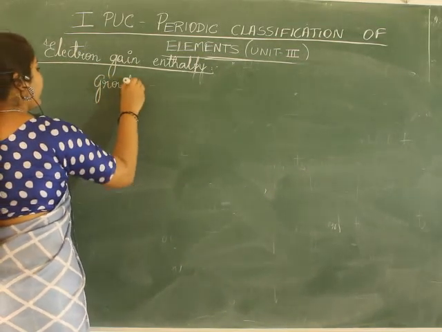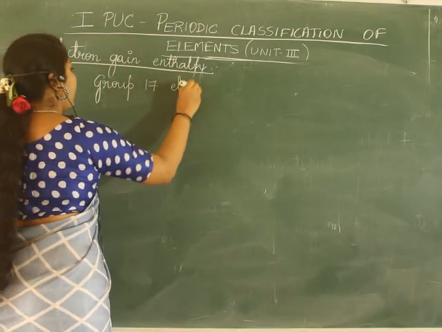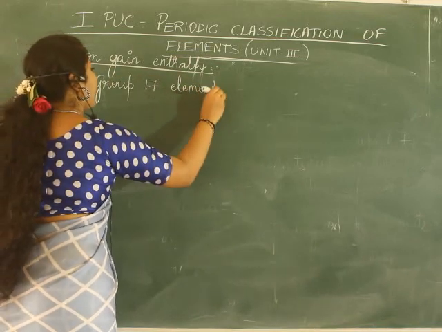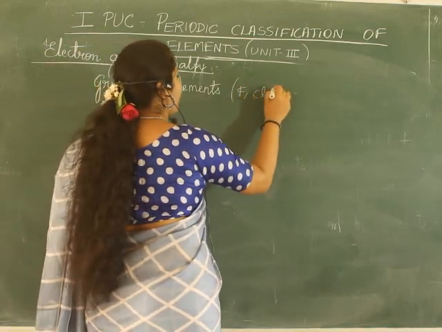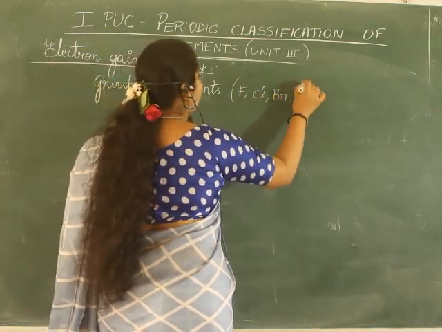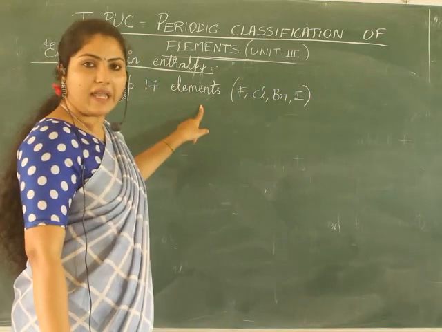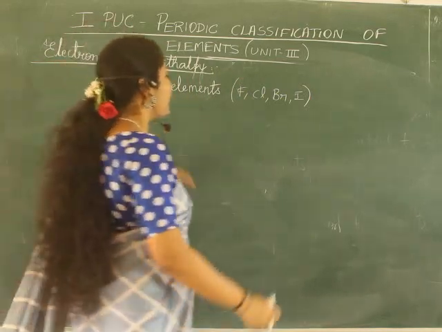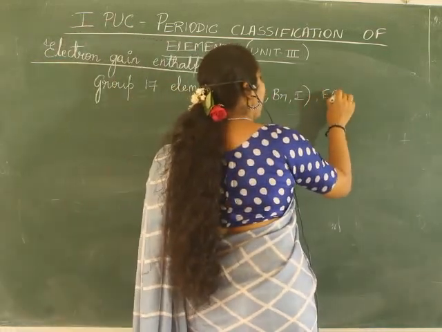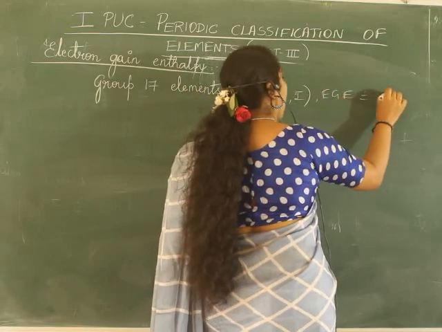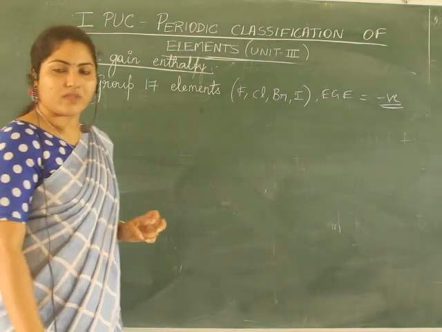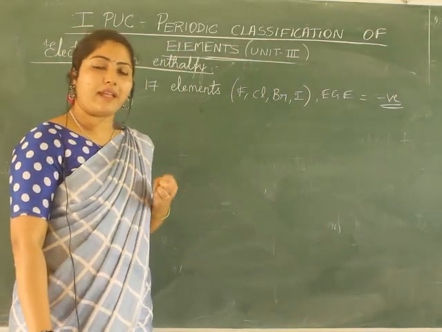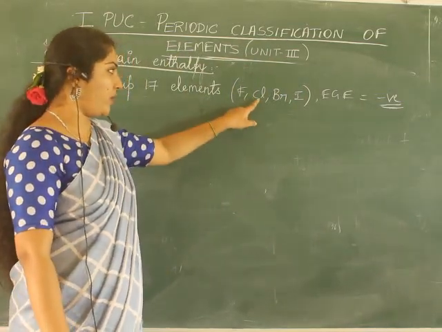Group 17 elements. Example, fluorine, chlorine, bromine, iodine, all these. These group 17 elements, their electron gain enthalpy will be highly negative. That means an exothermic process, because, I had told you about chlorine, you remember?